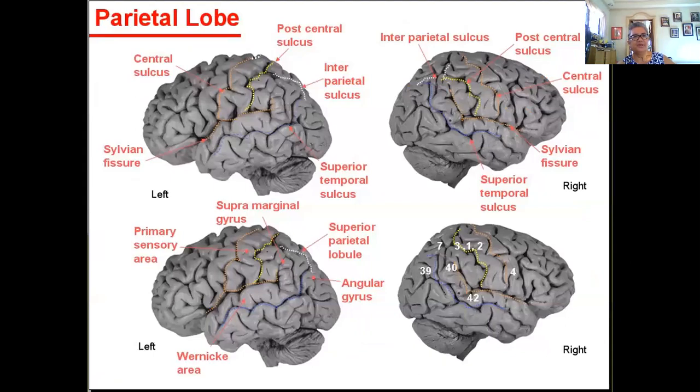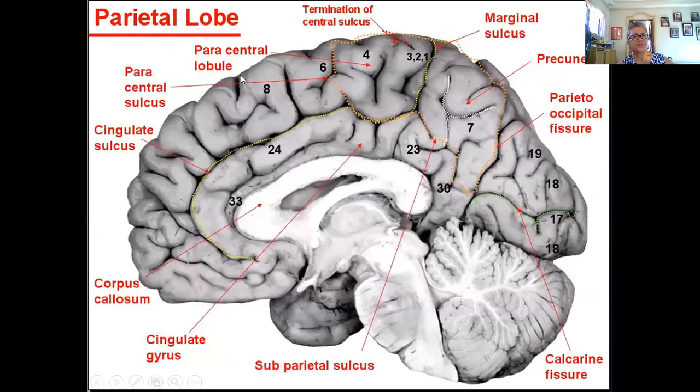So you have here your parietal lobe. Starting from the anterior portion will be made by your postcentral sulcus. You have here your postcentral gyrus.